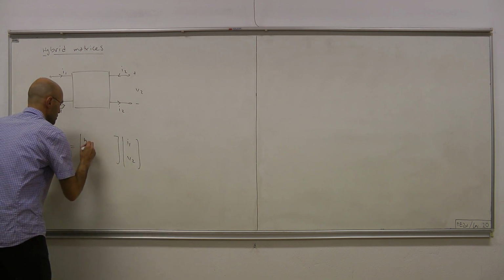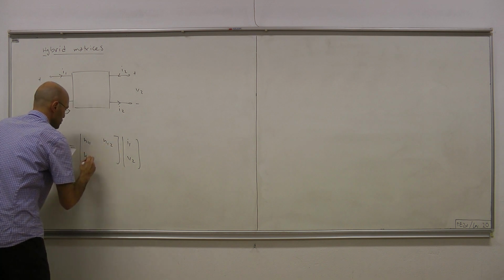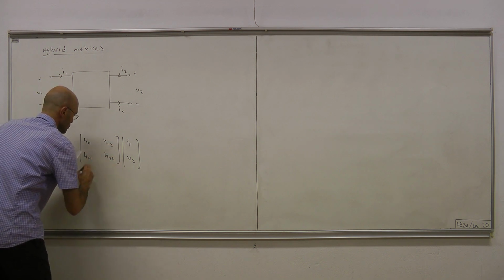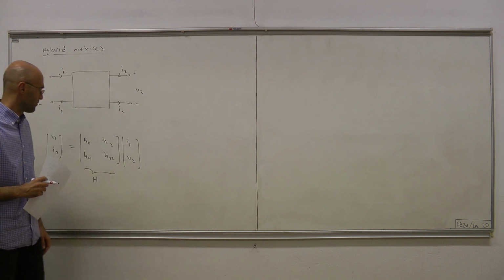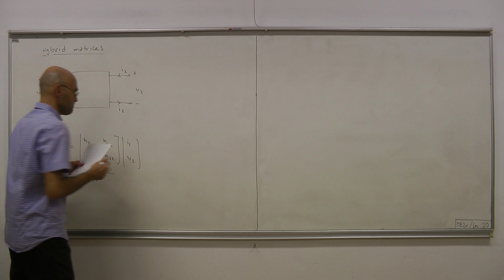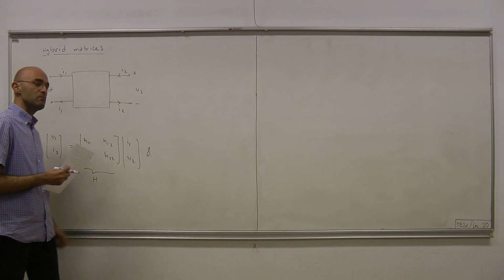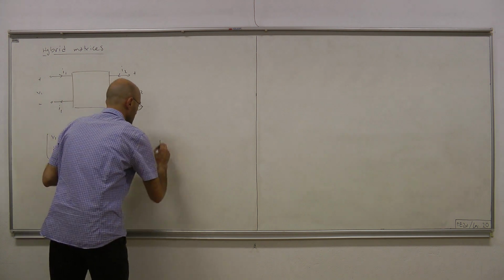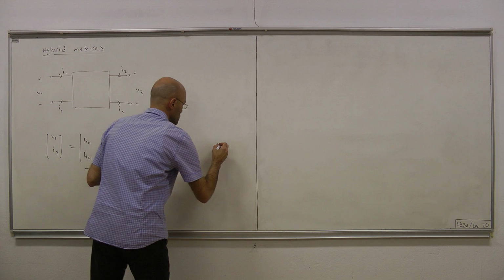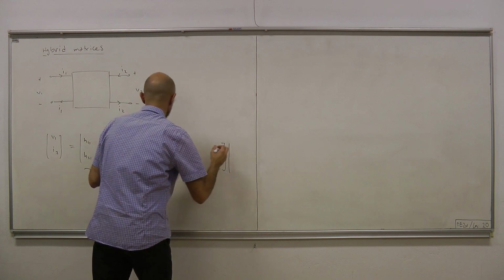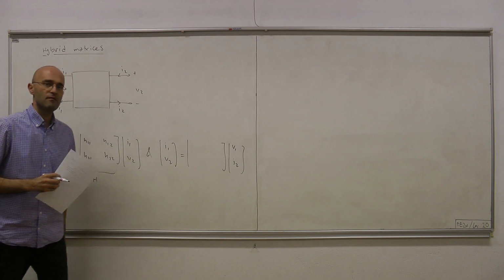So this is H11, H12, H21, and H22. This matrix is denoted by, in general, capital H. Now, if you consider this as the output and this as the input, in that case, we have the vector I1, V2 equals some matrix times the vector V1, I2.